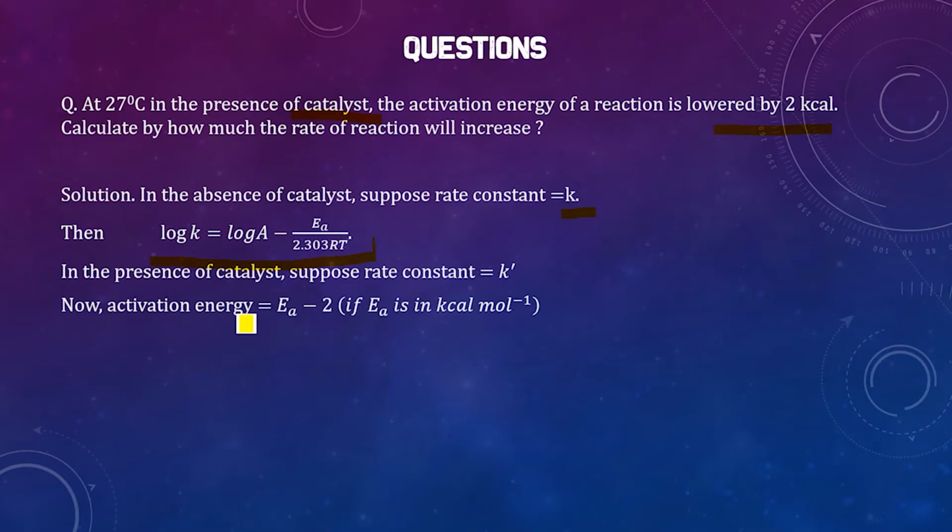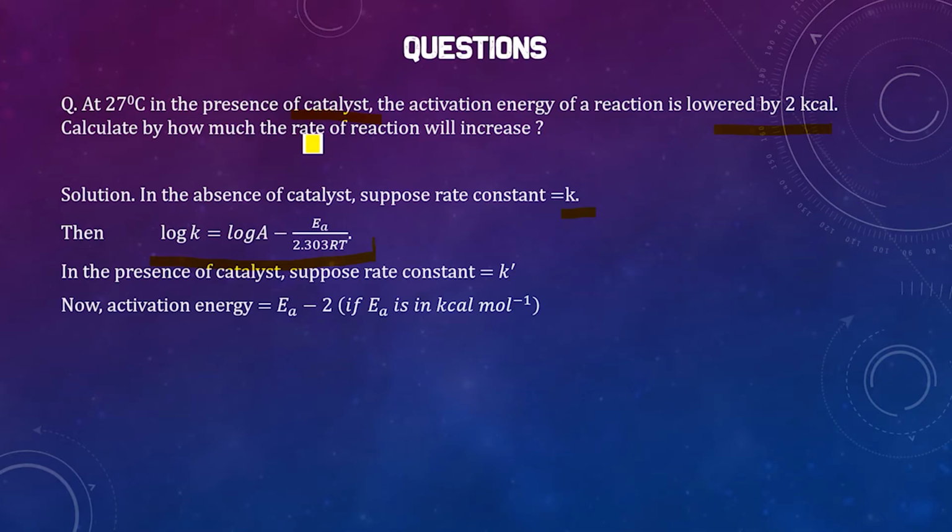Now the activation energy is lowered by 2. So this will be log K dash is equal to log A minus EA upon 2.303 RT. Here A will be the same because for a reaction the pre-exponential factor remains constant.